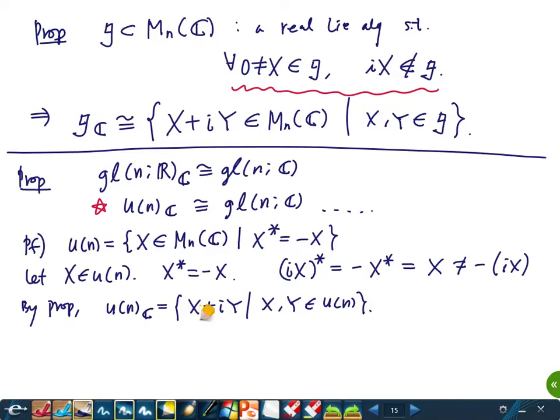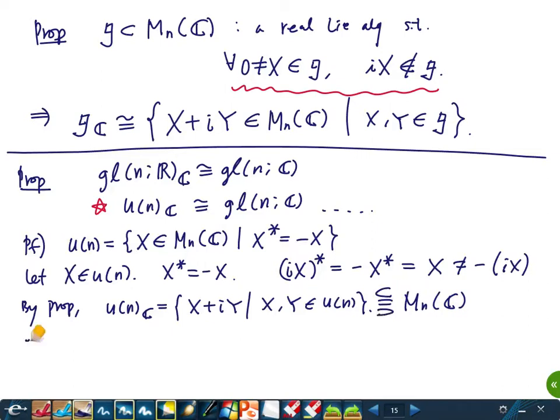But in fact, if you collect them all, then it's just the whole set of all matrices. We only want to know this.